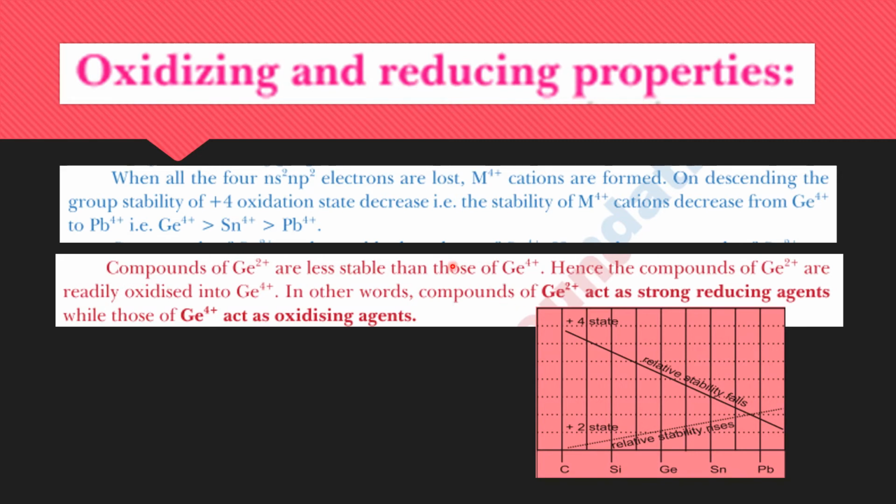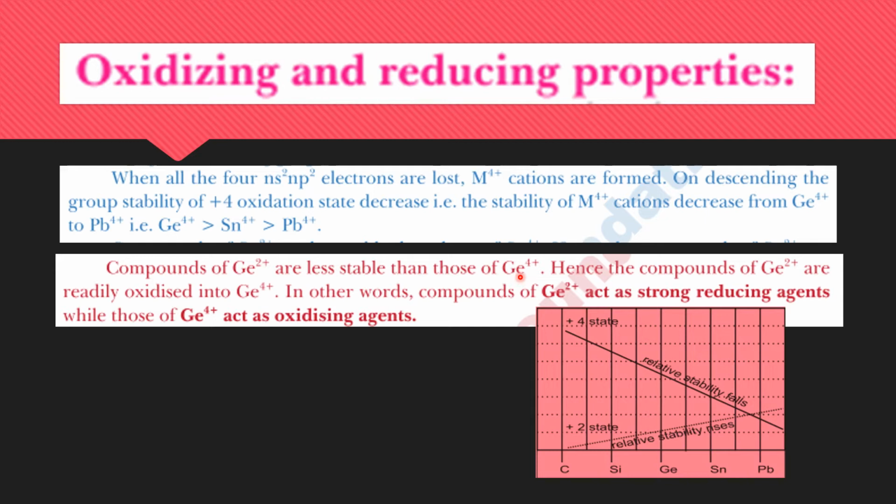Now that was about the cations. Now how do they exist in the form of compounds? Compounds of germanium in the +2 oxidation state are less stable as compared to germanium in the +4 oxidation state.